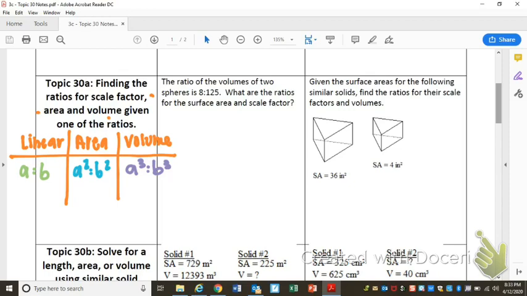So how we're going to jump in between those is just like we would whenever we were doing special right triangles. We had this same sort of chart set up whenever we were doing special right triangles, and we would move forward or we would move backwards. When we move forward in the special right triangles, we will multiply. Now, when we move forward, we're going to raise it to the power.